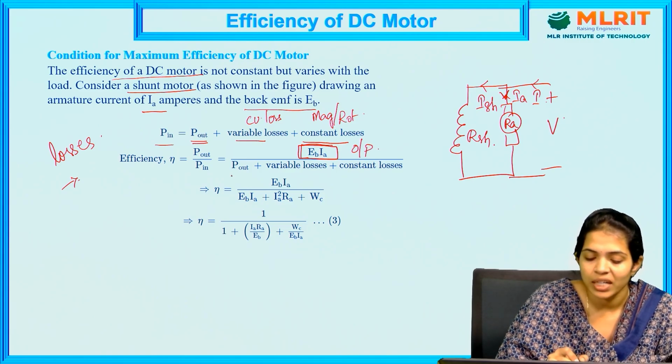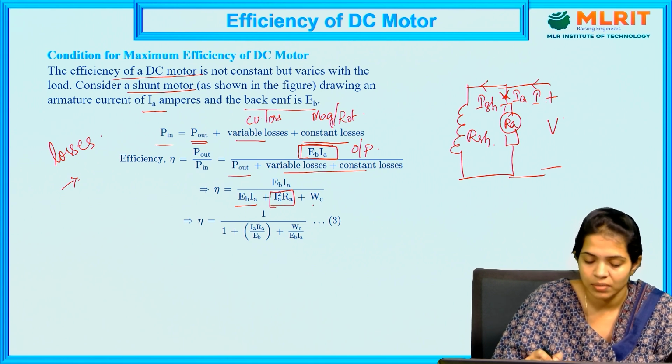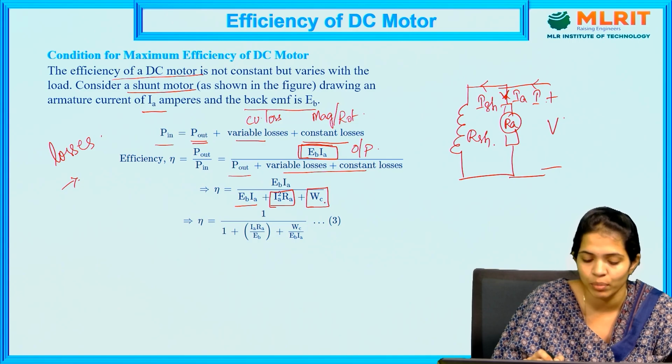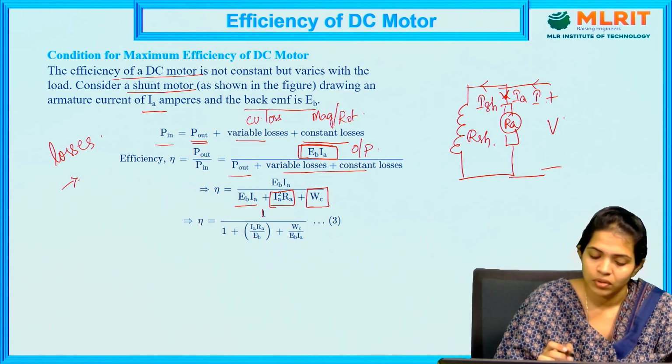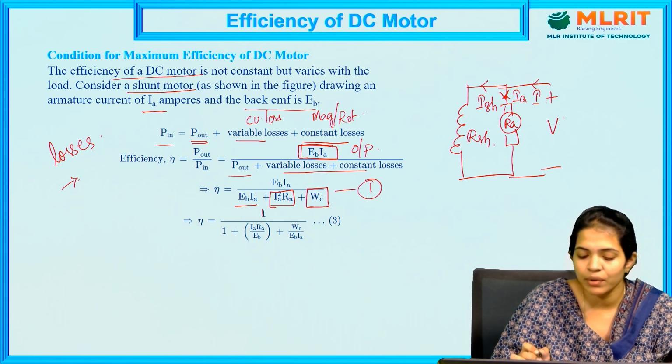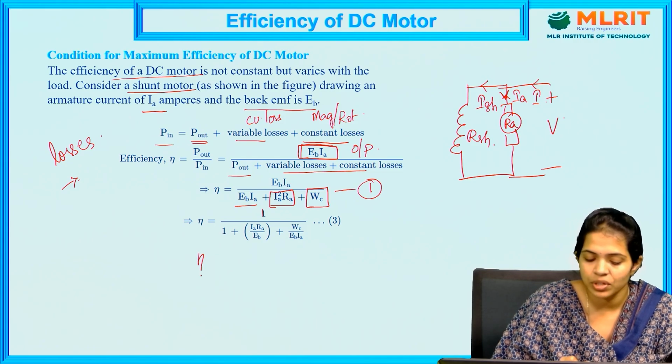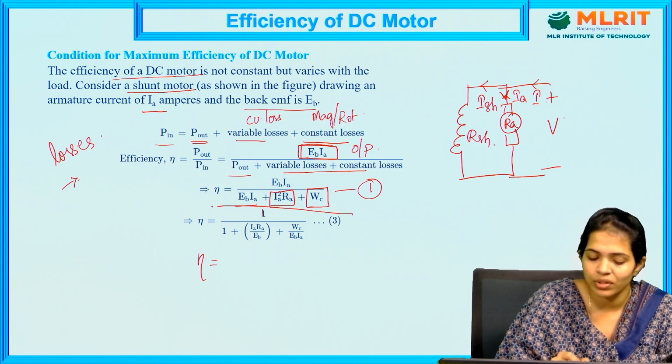And now I'm writing the input power as output power plus the losses. So output power is again EB into IA, variable losses as the copper losses, and constant losses I'm writing straight away as WC. Now when we divide this entire equation with the term EB into IA, we will get the efficiency as shown in equation 3.